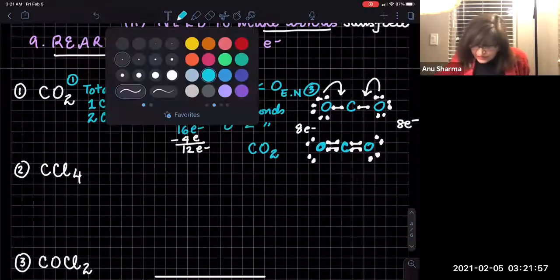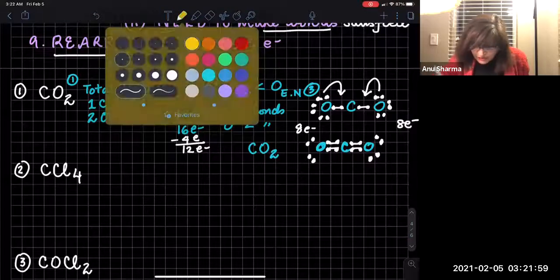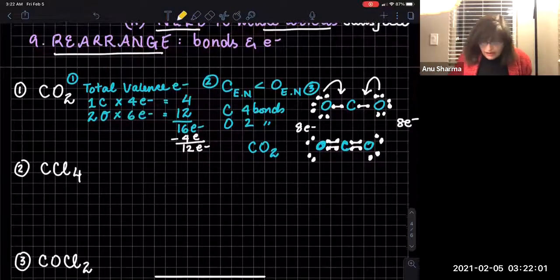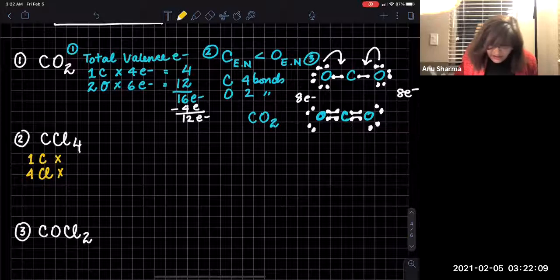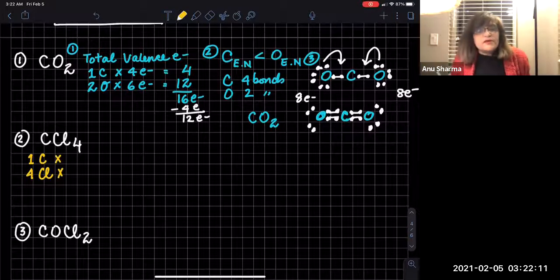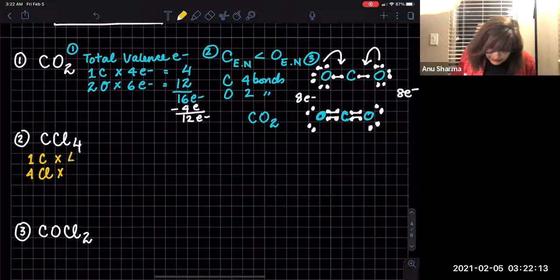Next, let's look at the other one. Let's do carbon tetrachloride. Here, there is 1 carbon and 4 chlorines, where carbon is bringing 4 electrons and each chlorine is bringing 7 electrons.